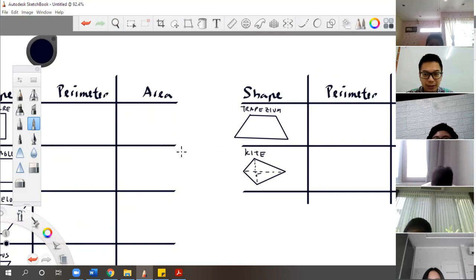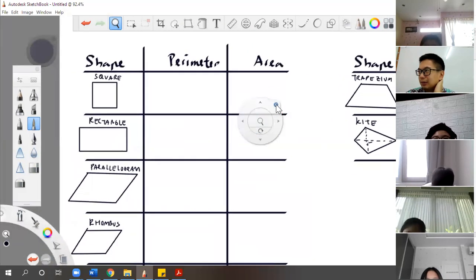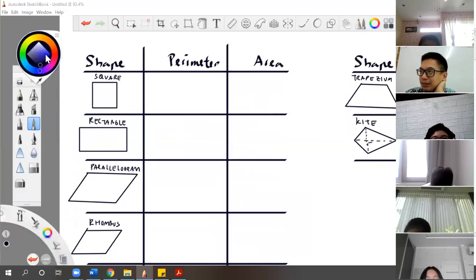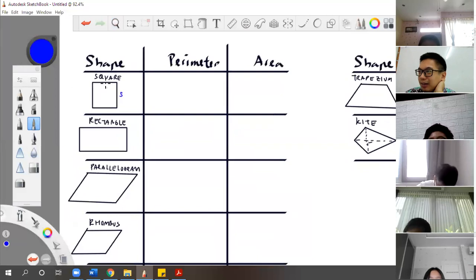Okay, now try to understand the formula. Perimeter. So we have the sides here. So name the sides. This is S, and everything is equal. And here we have the breadth and length, or width and length, up to you.